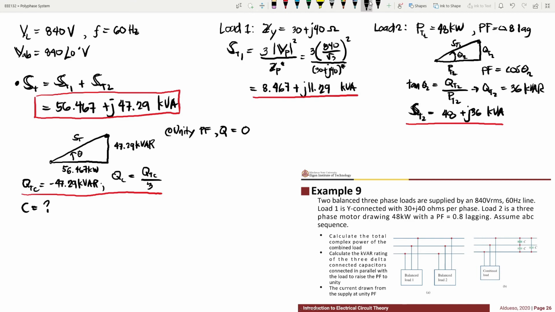Remember, Q_C is equivalent to V squared over X_C, where X_C is equivalent to 1 over 2 pi F C.